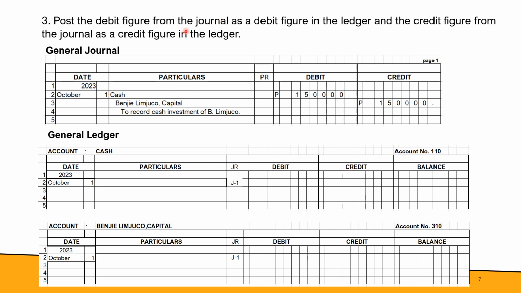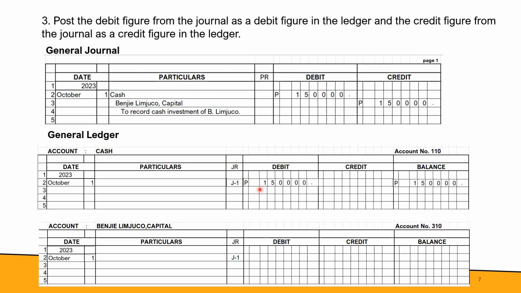At this point, we will be transferring the figure. Since this is 150,000 debit, we will type 150,000 as debit under the cash account, and for Benji Limhoco Capital, credit 150,000. Before moving on, we should get the balance after encoding the debit or credit.